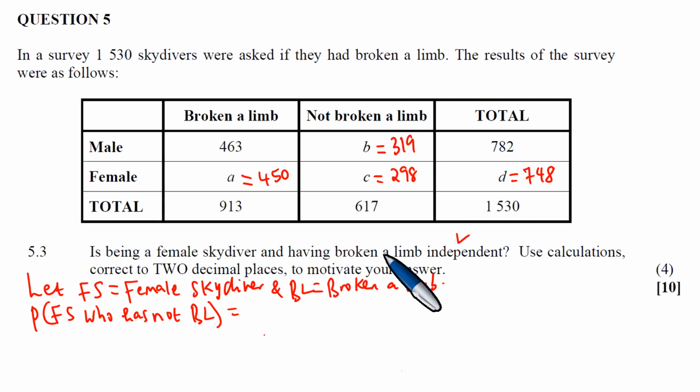Right. So we continue. Right, so we continue right now, and we are saying, at this point, a female skydiver who has not broken a limb is going to become what?